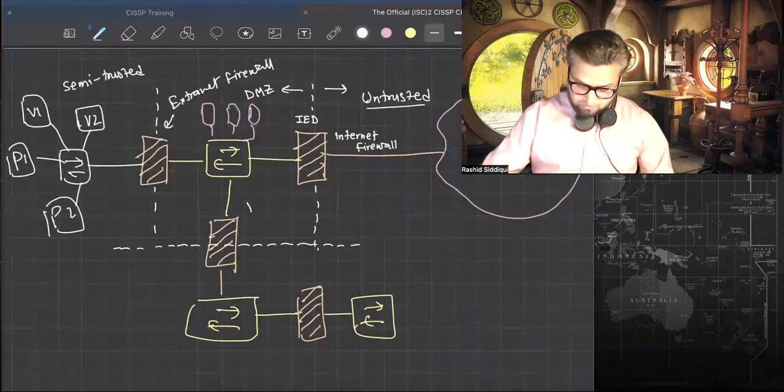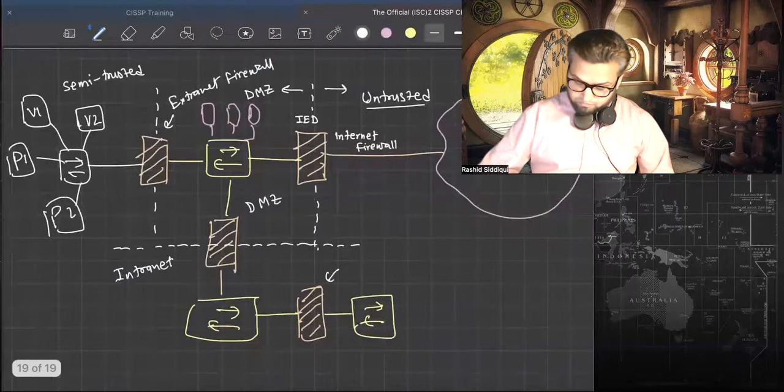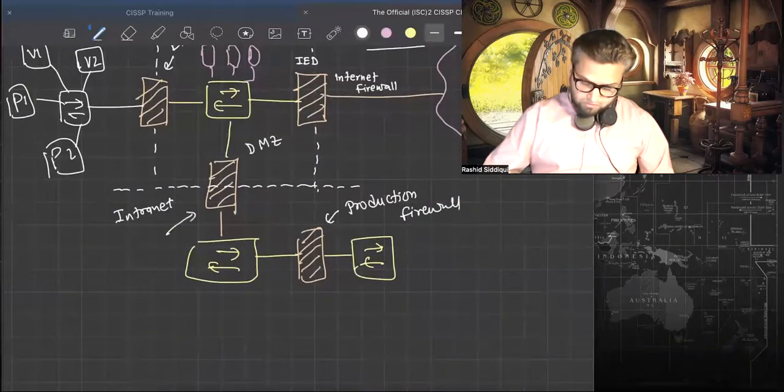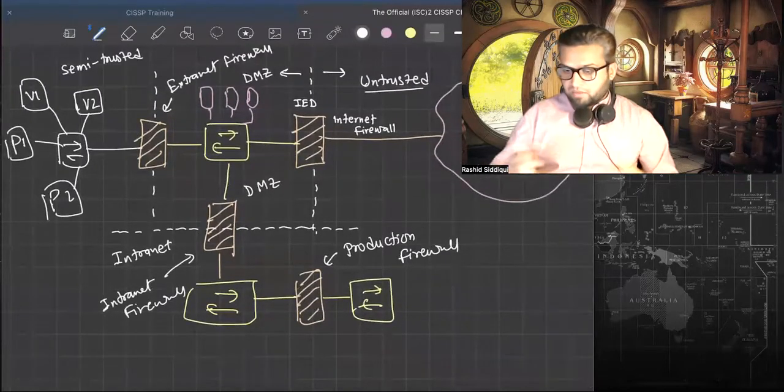This is DMZ, to the rest of intranet, where we have, you may call it, a production firewall, and this firewall will be intranet firewall. So think of internet firewall as a main gate, the entrance gate of your house.